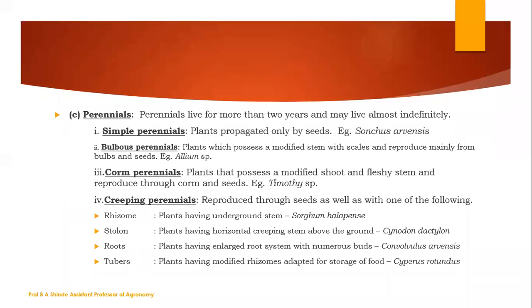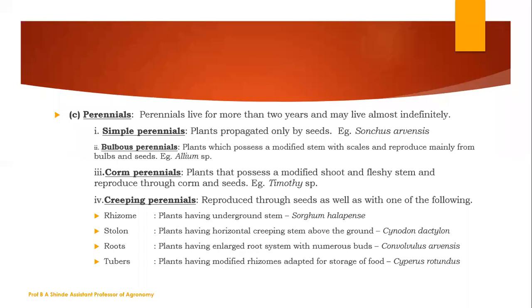Then the third is the perennial weeds. Perennials are the weeds which live for more than two years. They are also divided into parts: the simple perennials, bulbous perennials, corm perennials, and the creeping perennials.